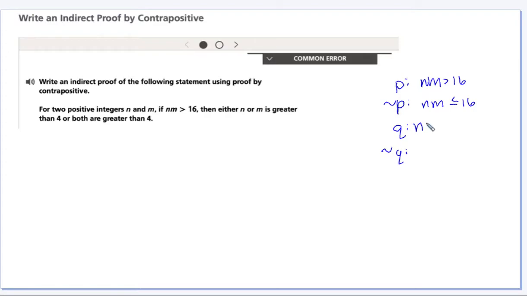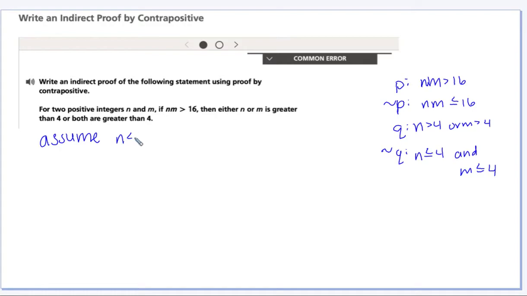Q would be that n is greater than 4 or m is greater than 4, or that they're both greater than 4. Not Q would be that n is less than or equal to 4 and that m is less than or equal to 4. So that's kind of what we started off with. So next thing, we would assume, so I want to assume that not Q is true.